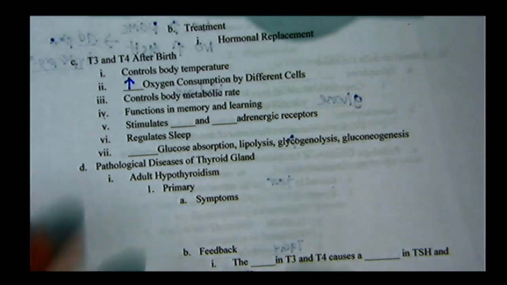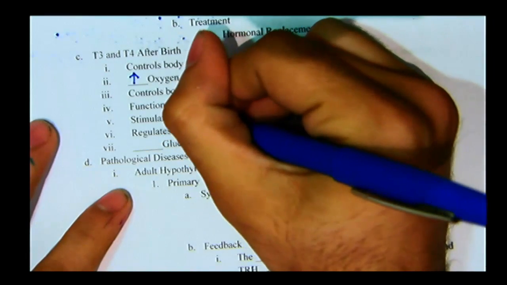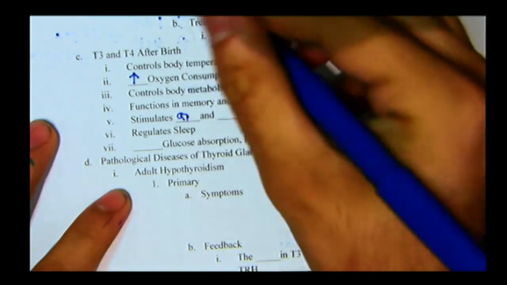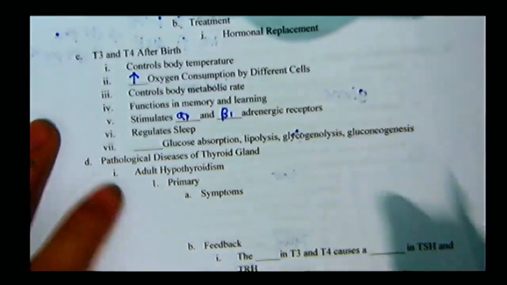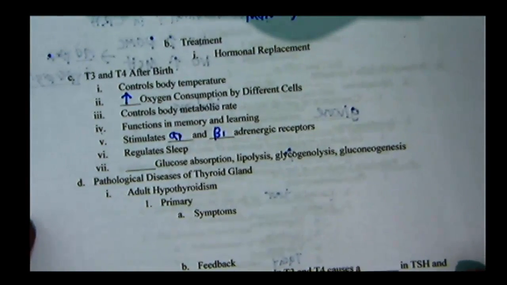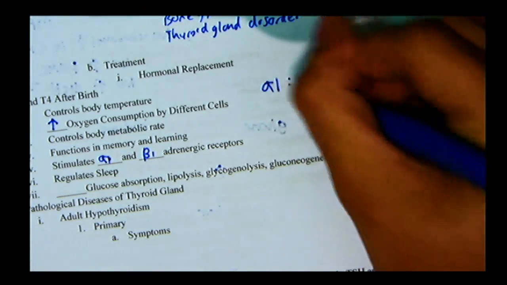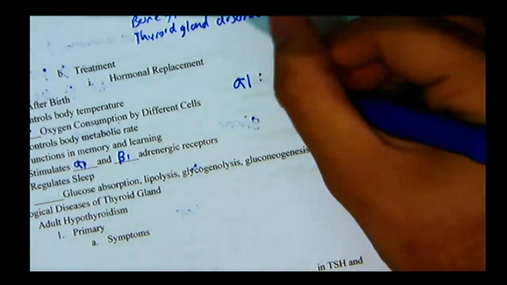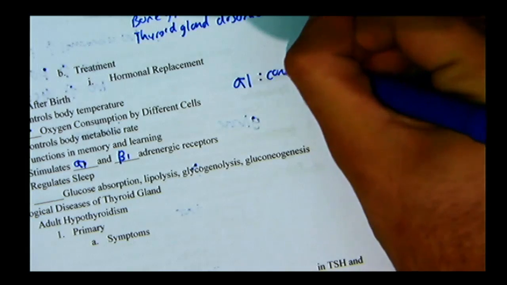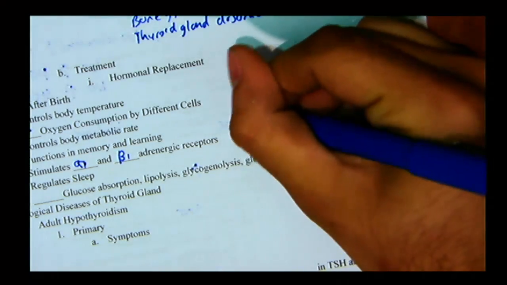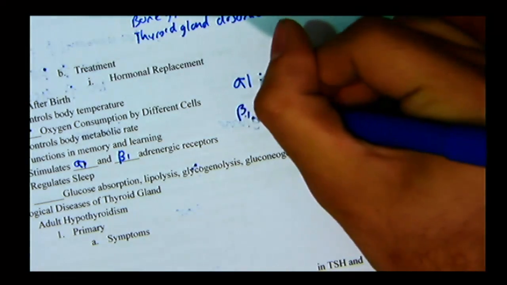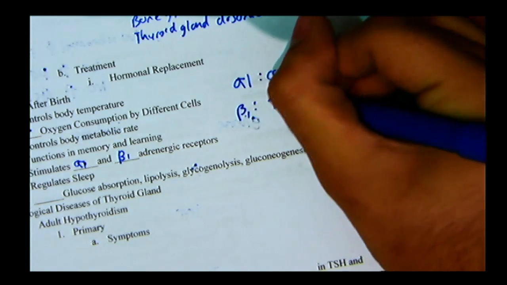And real quick, what do alpha 1 adrenergic receptors do? So constrict blood vessel. And what does beta 1 do? Awesome. Increases contractility, increases conduction velocity of the heart.